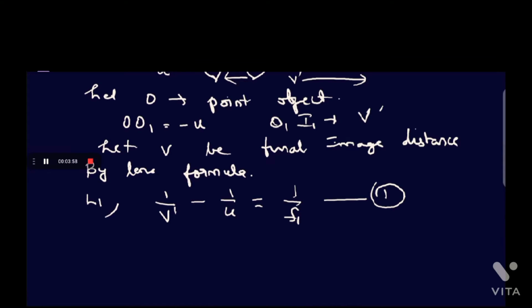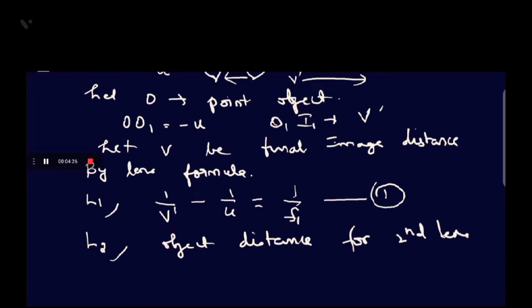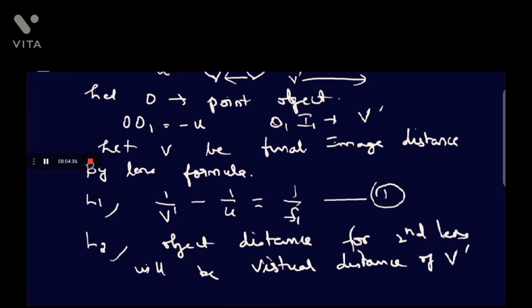And you know that now the image is formed after the refraction due to L2. The object distance for the second lens will be the virtual object distance V dash.